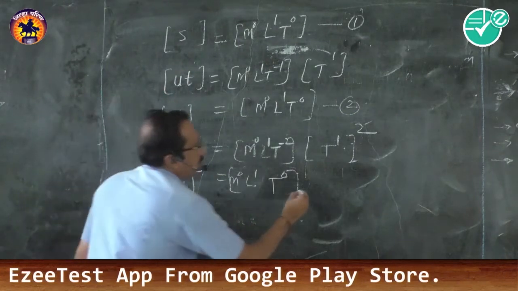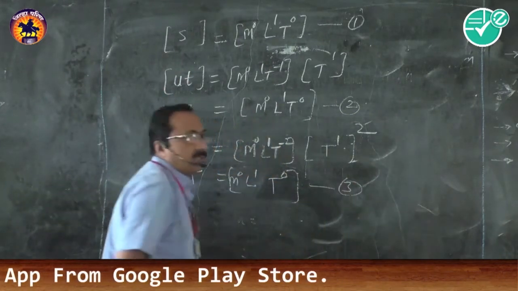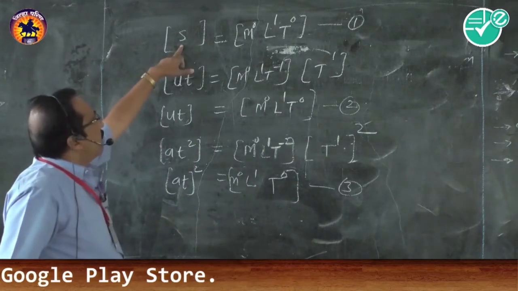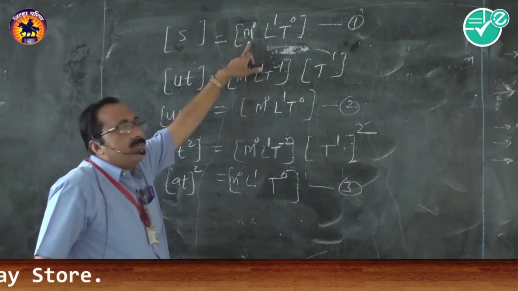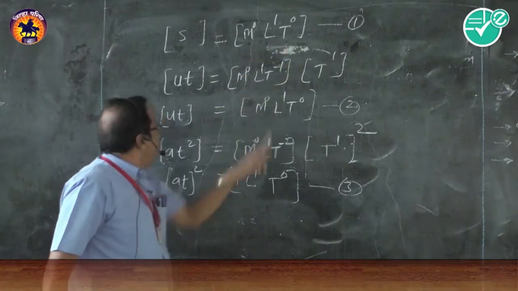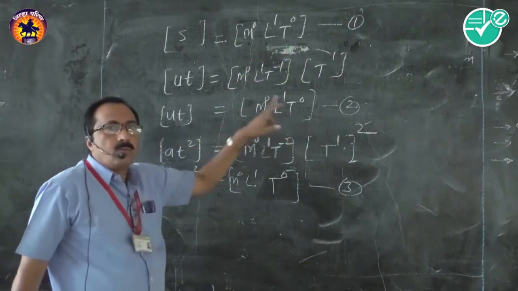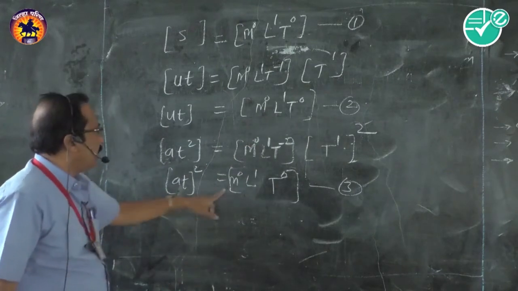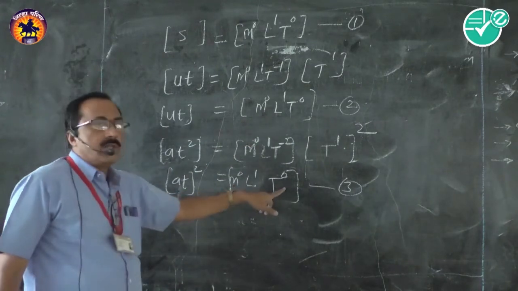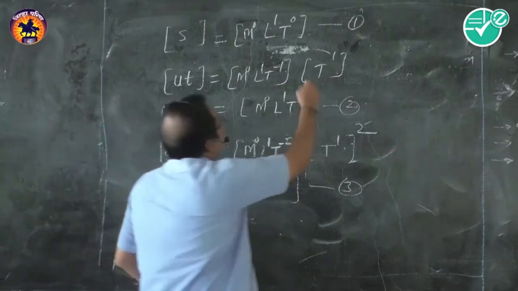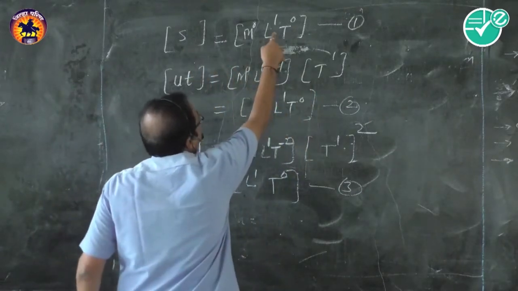Look at the three equations. Dimensions of S, the displacement, are m0, l1, t0. Dimensions of ut are m0, l1, t0. Dimensions of at square are m0, l1, t raised to 0. So all three dimensions are the same.